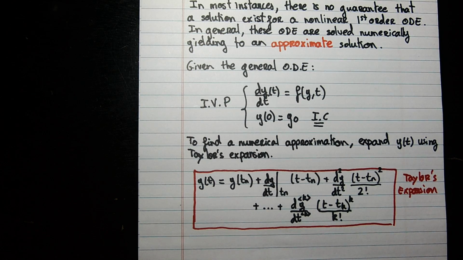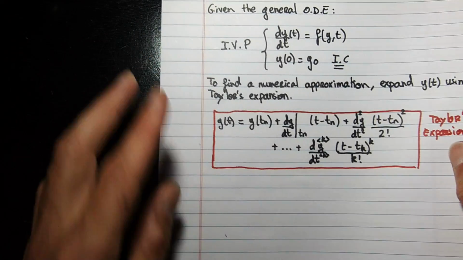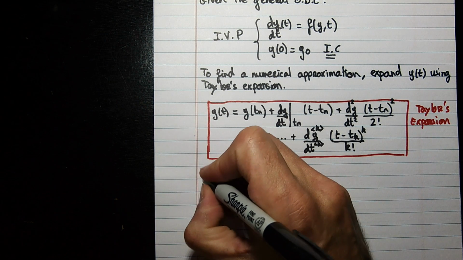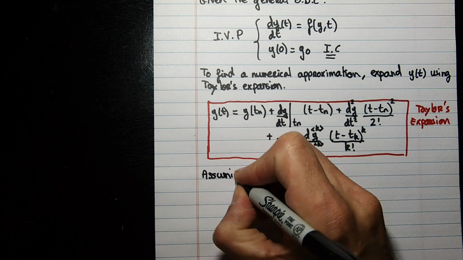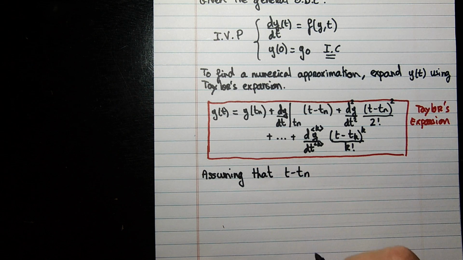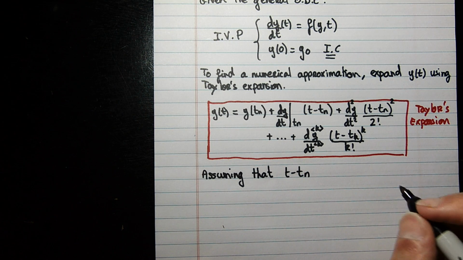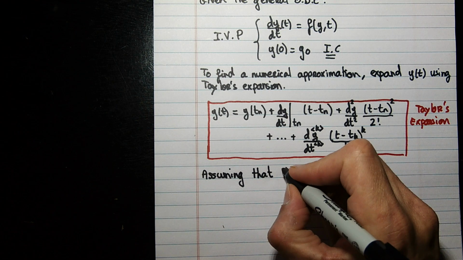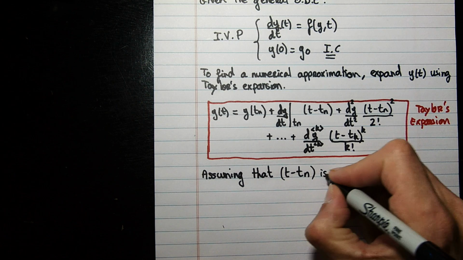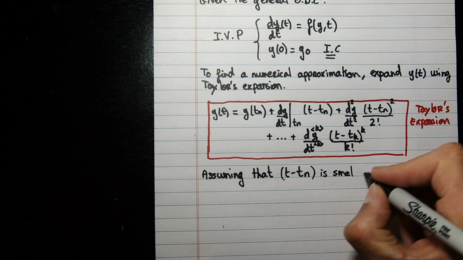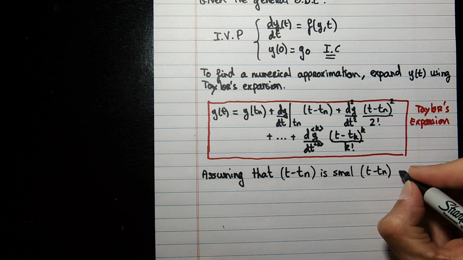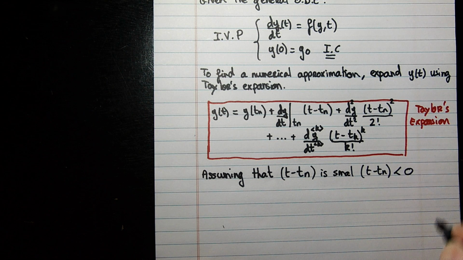Okay, so now what is the trick over here? You know that to do an approximation, generally what we do is, assuming that t minus t sub n is small.